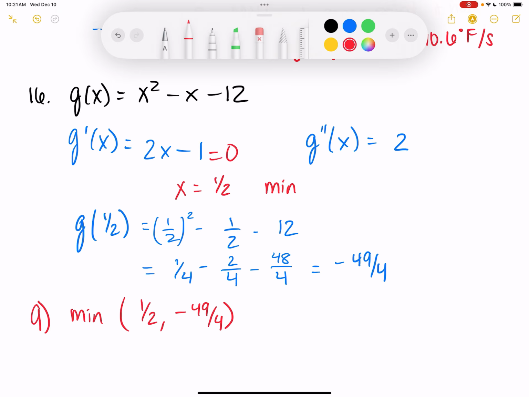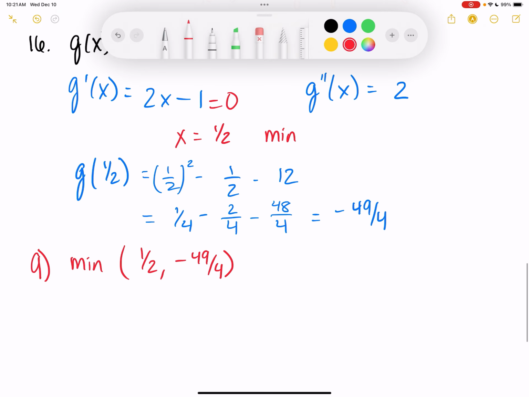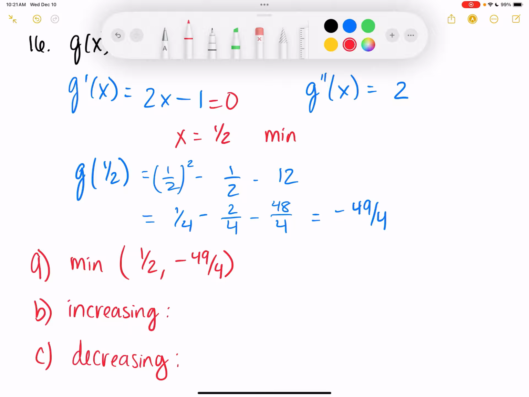The increasing and decreasing are intervals, though. So B is increasing and C is decreasing. If I have a min, that means everything before that had to be decreasing, and then everything after that has to be increasing.